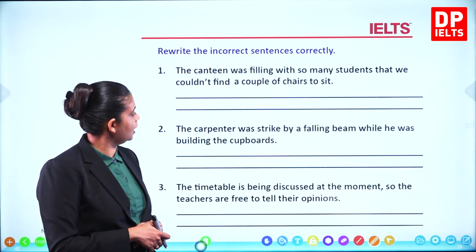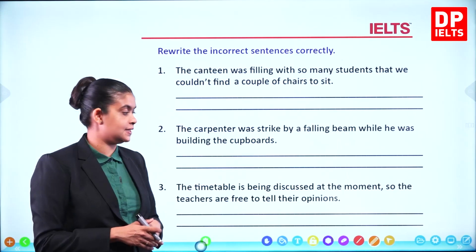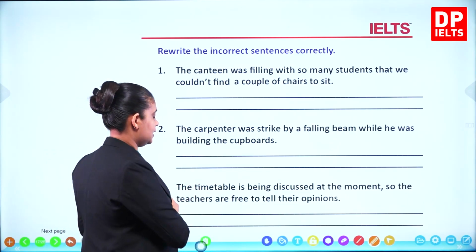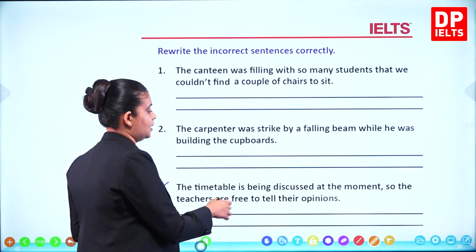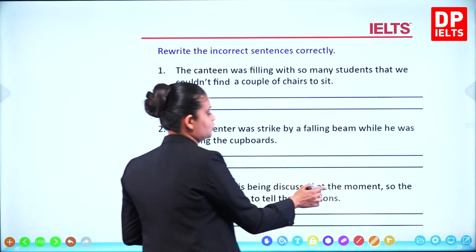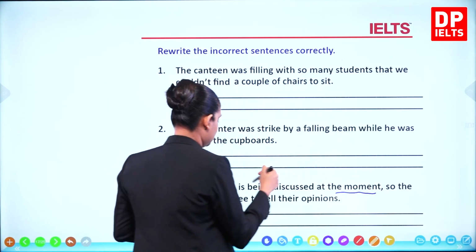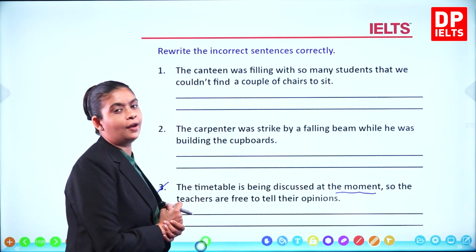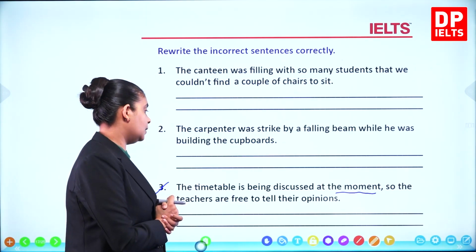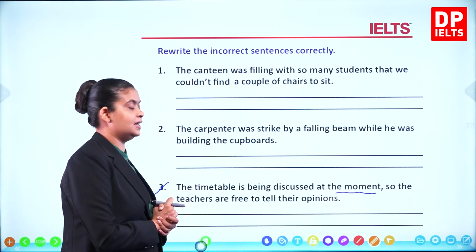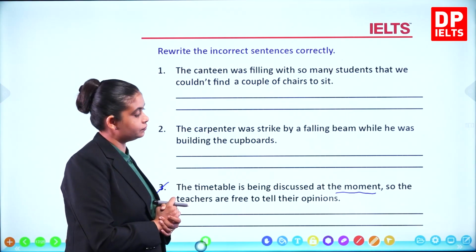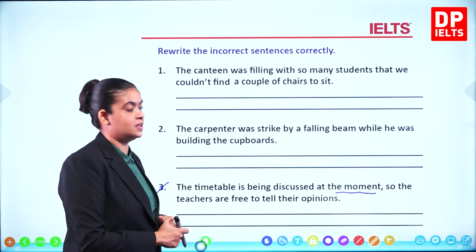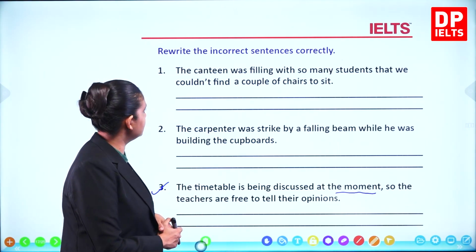Now here, I feel looking at the sentences, this one is correct. Why is that? At the moment, so present continuous, right? It is happening at the moment. So the timetable is being discussed at this specific moment, right?